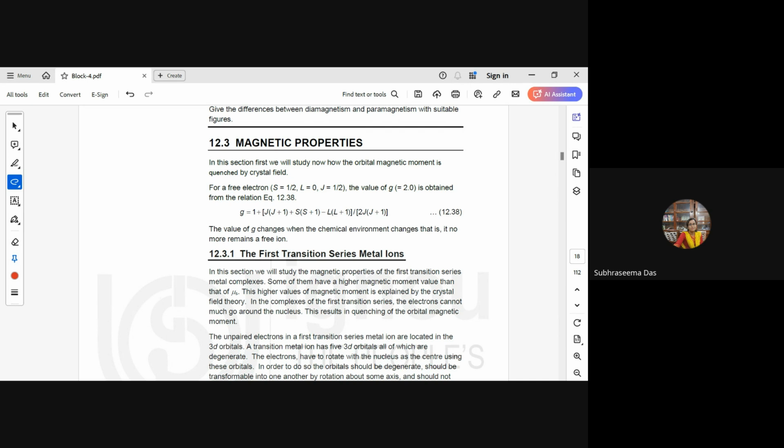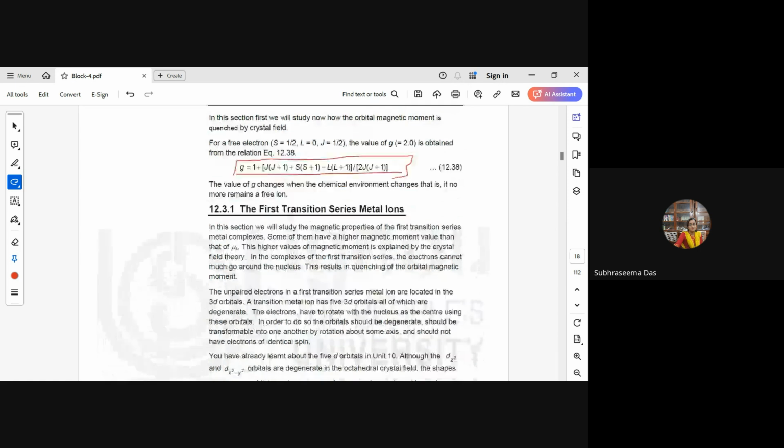The value of g is given by 1 plus [J(J+1) + S(S+1) − L(L+1)] by 2J(J+1), and this value of g changes when the chemical environment changes, that is, when it no longer remains a free electron. Equation 12.38 is particularly for a free electron, and this value changes with change in environment.